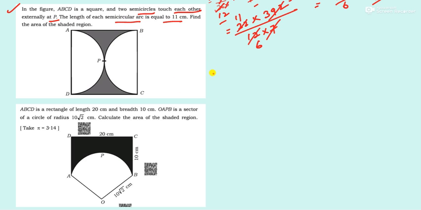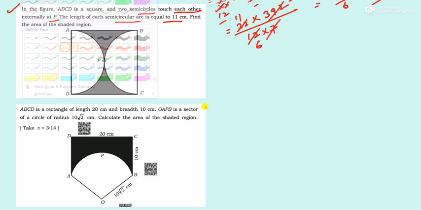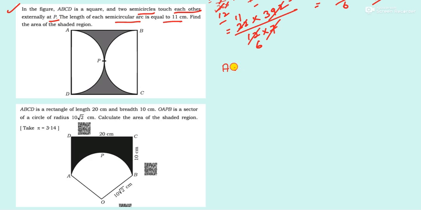First write the basic formula. Area of shaded region will be what? See, area of shaded region will be area of square minus area of two semicircles, correct. So this will be L square minus 2 semicircles, pi r square by 2, correct.